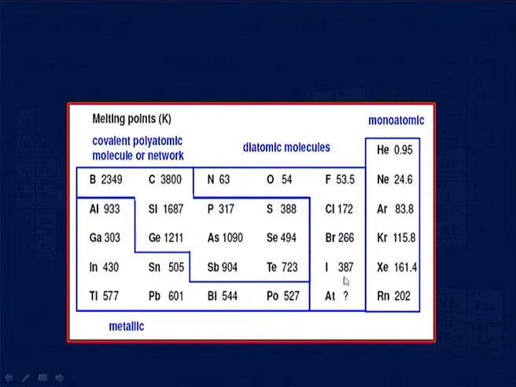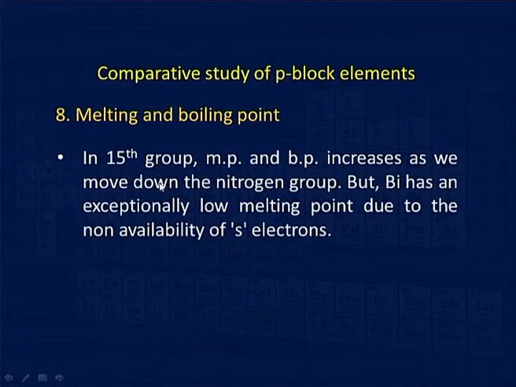In fact, the properties of astatine are not well established. The values are given in Kelvin scale for the melting and boiling points. In the 15th group, melting and boiling points increase as we move down the nitrogen group, but bismuth has an exceptionally low melting point due to the non-availability of s electrons.